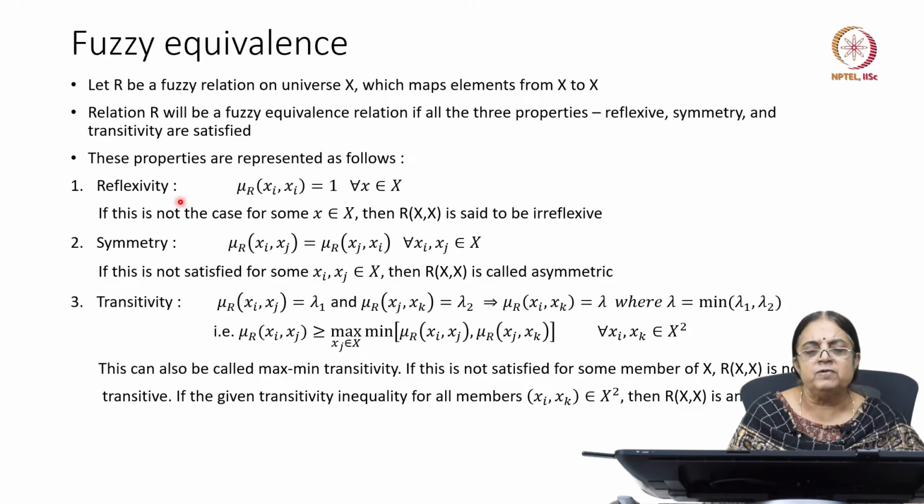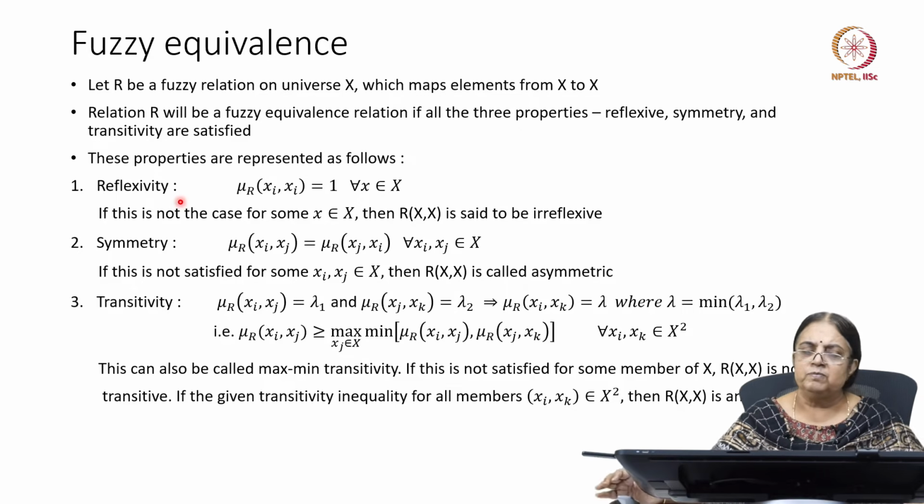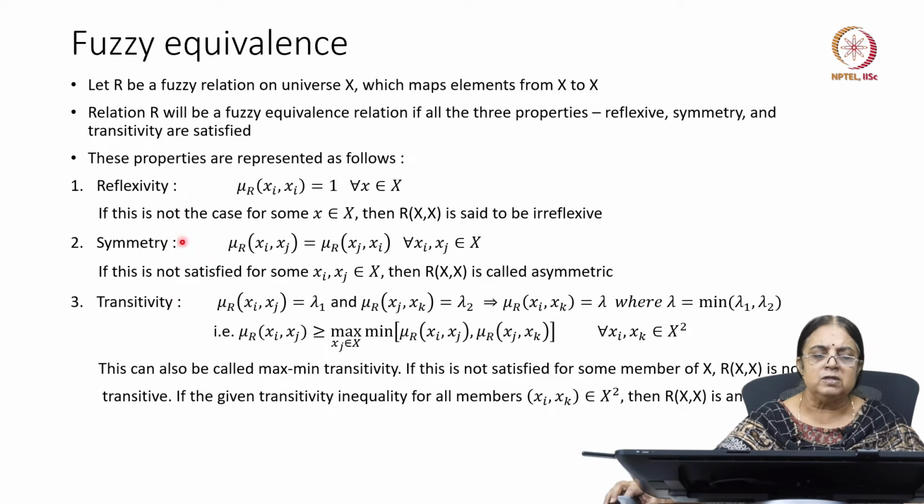In the case of fuzzy sets, let us see how the three properties are slightly changed. If we take reflexivity, mu r of xi, xi should be equal to 1 for all x. Any element x which belongs to the relationship should be such that mu r of xi and xi is equal to 1.